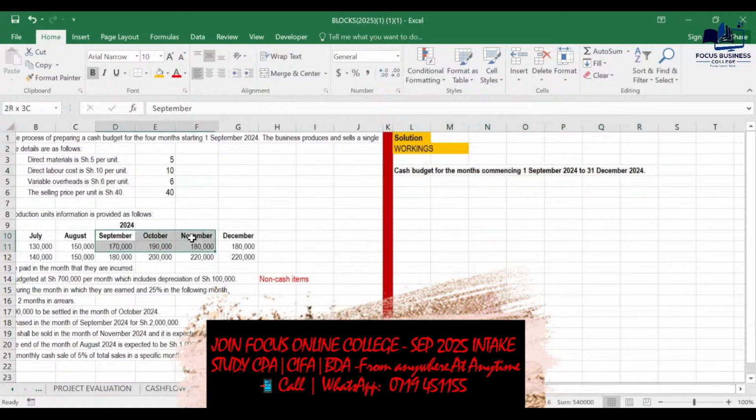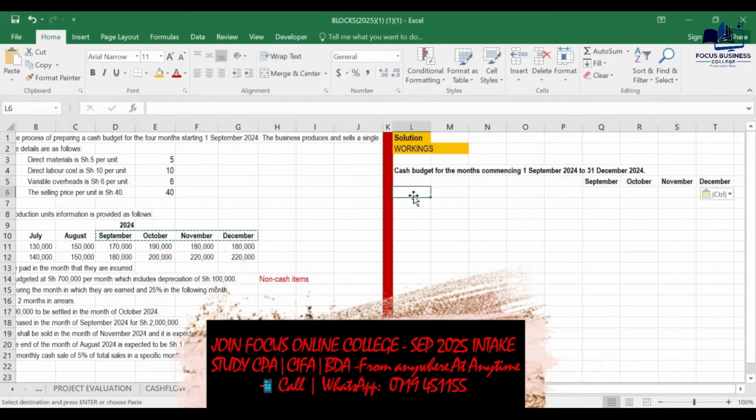So I'll copy all these months, and then I'll paste them here. So those are basically our 4 months, September all the way to December.